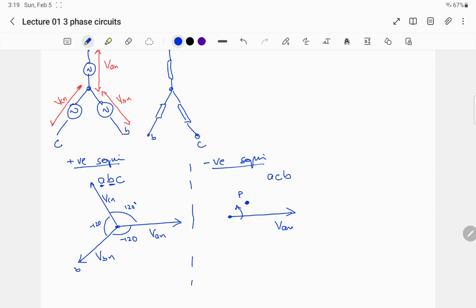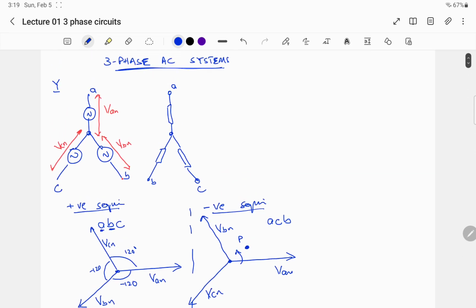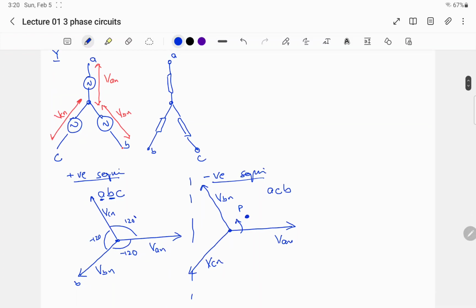So these are the phase voltages that I have written in the vector form. And similarly, in case of negative sequence, here we will have VCN and here we will have VBN. So this is regarding the phase voltages.